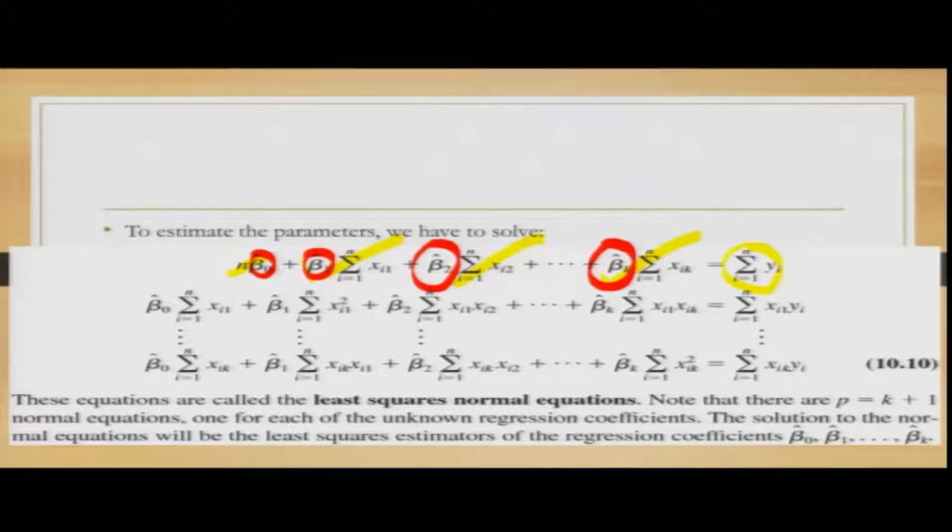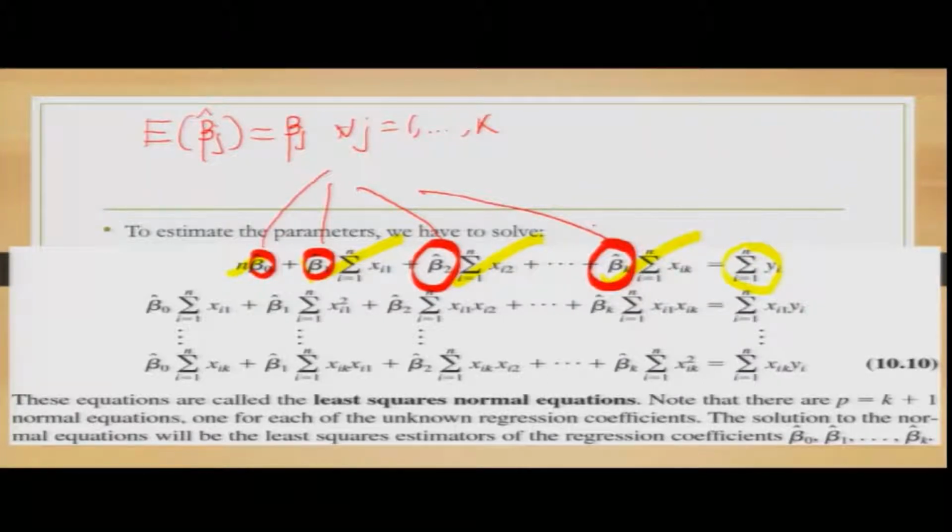So, you have the expected value of beta hat j should be equal to beta j, for all j equal to 1 till k. So, you want to have this, and this is what would be true for beta naught here, beta 1 here, beta 2 here till beta k. So, all this should hold.